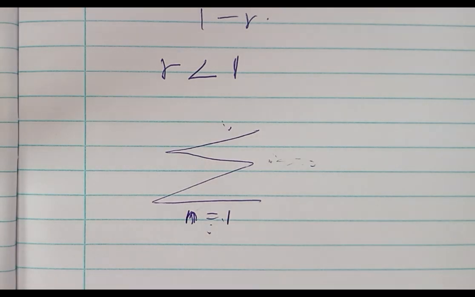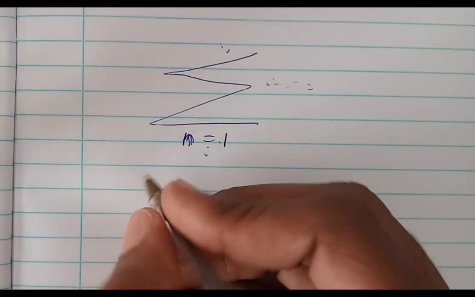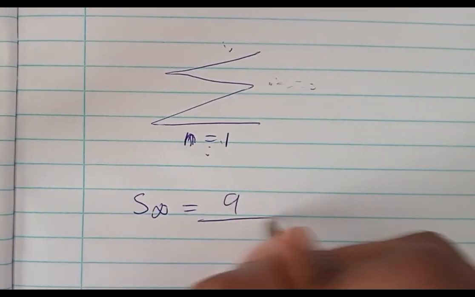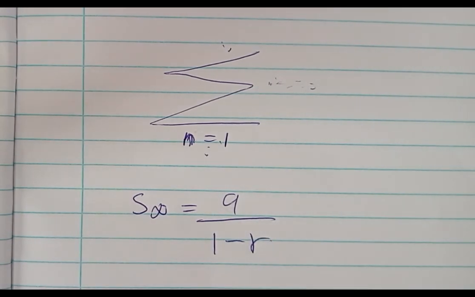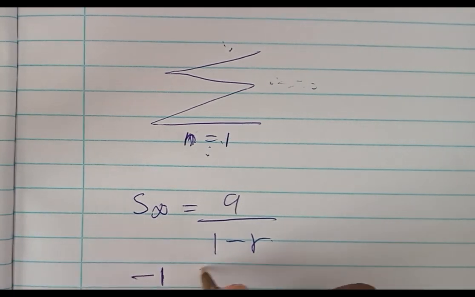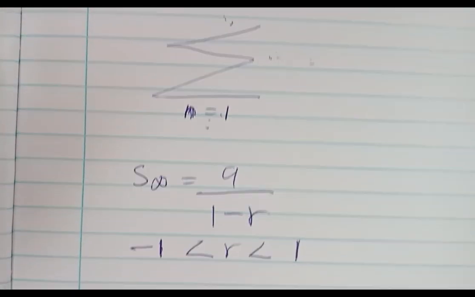And we have the sum of infinity. So the formula for the sum of infinity is S infinity is equals to a over 1 minus r. So r is the ratio, a is for first term, and our r should be between -1 and 1.